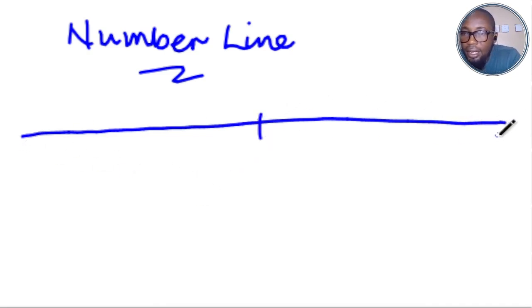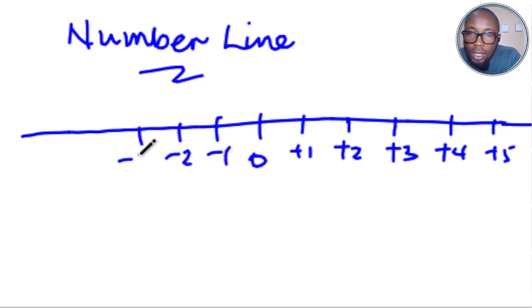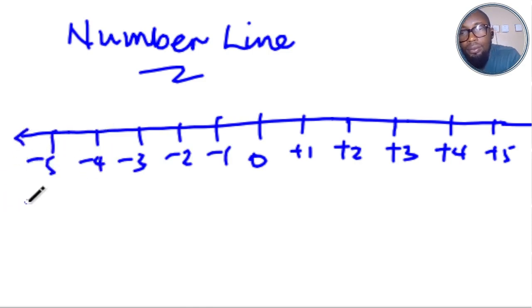It is a horizontal arrangement of numbers having zero in the middle, and to the right we have +1, +2, +3, +4, +5, and so on. And to the left we have negative numbers: -1, -2, -3, -4, -5, and so on.